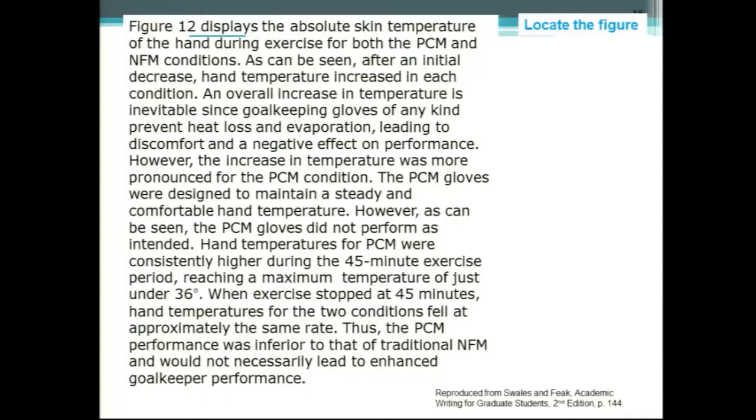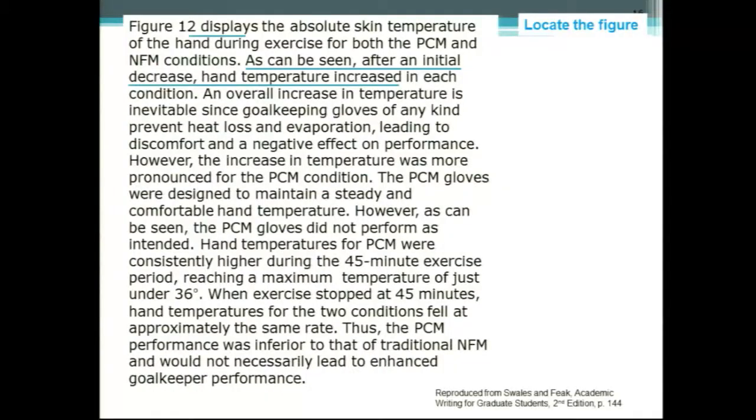In the second sentence, we have "as can be seen." That is a nice little connector between the reader, the writer, the text, and the figure. It's tying them all together. You're seeing it, I'm seeing it, we're all seeing it, and that's a connection. Then, "after an initial decrease," they're describing the figure.